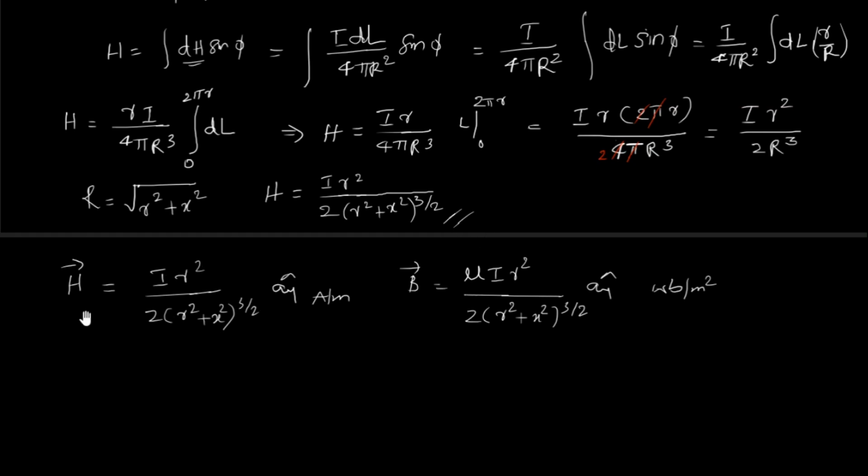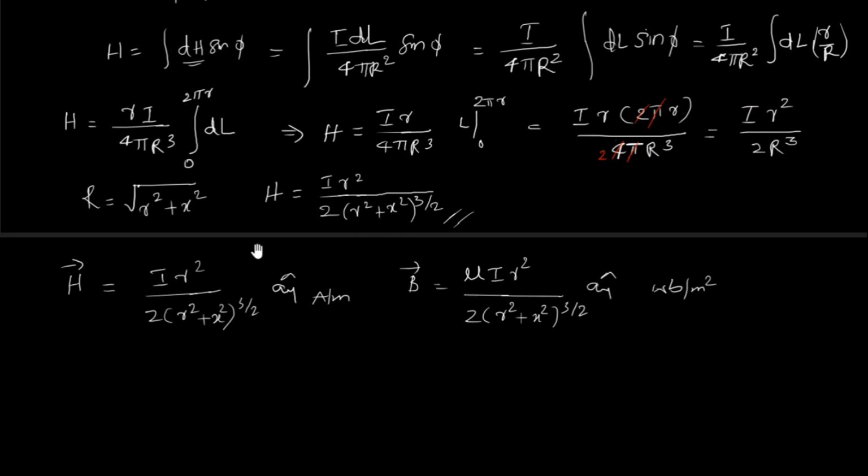So the magnetic field intensity at point P lying on the axis of a circular loop is I R square divided by 2 times (R square plus X square) power 3 by 2 in a_y cap direction, considering the circular loop in the xz plane. So in general, it is this expression.